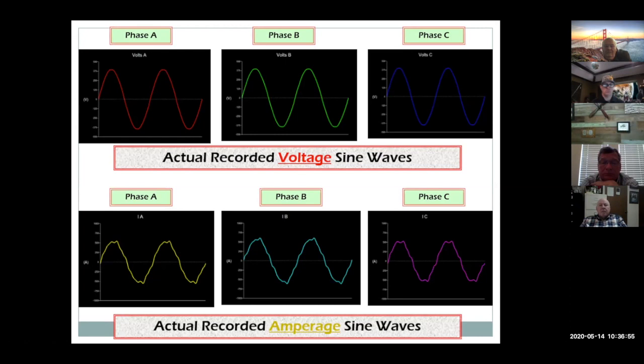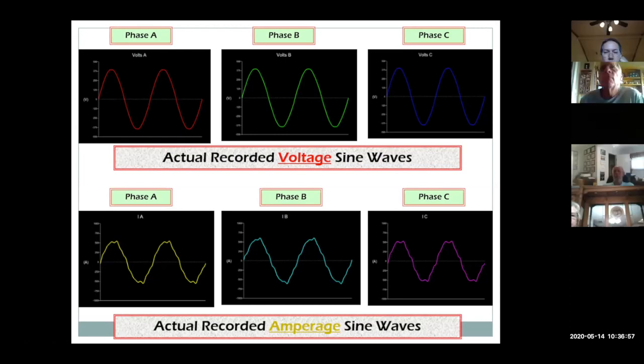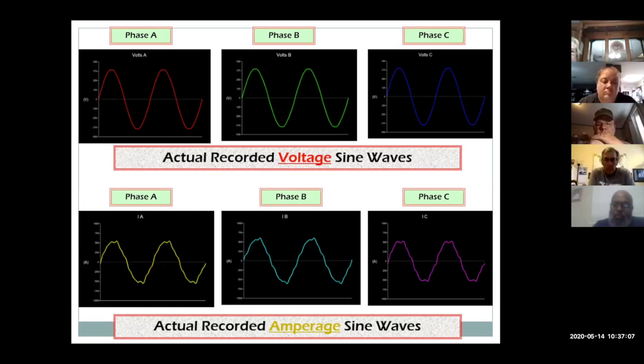The current actually goes up and then dips down a little bit and goes up just a little bit and then comes on down again. Well, that harmonic distortion is recorded that way. And this is what I needed to know to clean this system up and get that distortion out of there. So we needed a recording of what's actually going on.